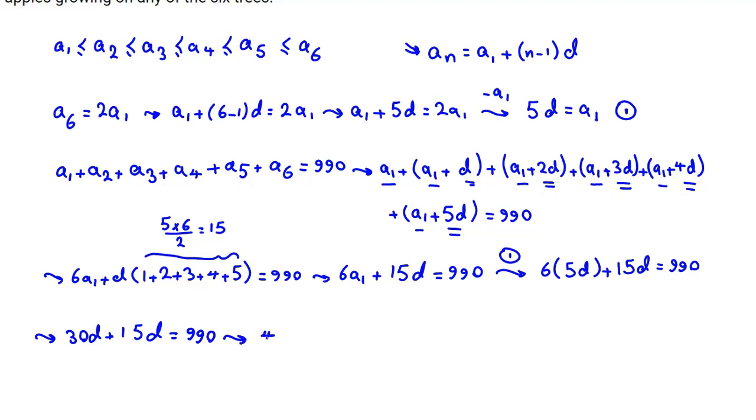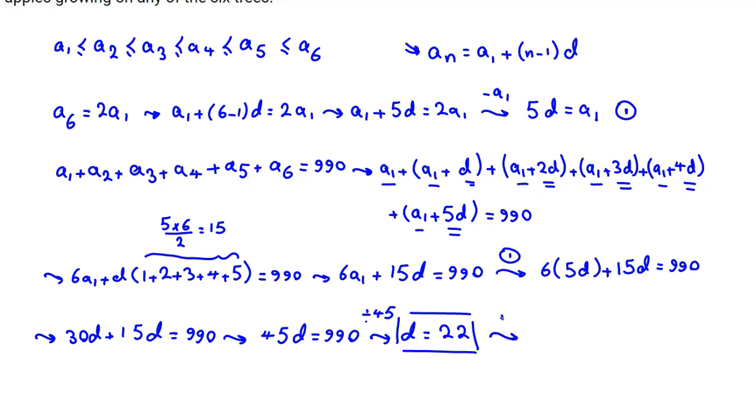In the next step, 45d equals 990. If we divide both sides by 45, it will be 22. So the first variable we need is d equals 22.